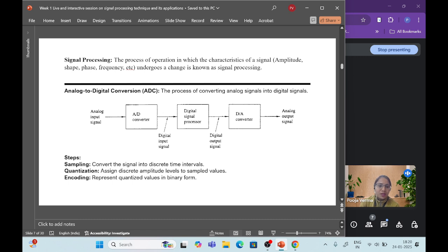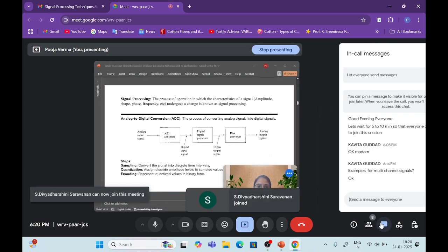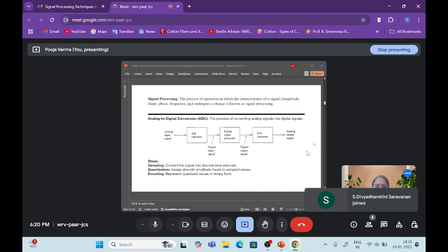Whatever we are speaking, everything that is going on is real and analog in nature. So we cannot process this directly. We have to convert it into digital so that we can process it. Here signal processing is required.